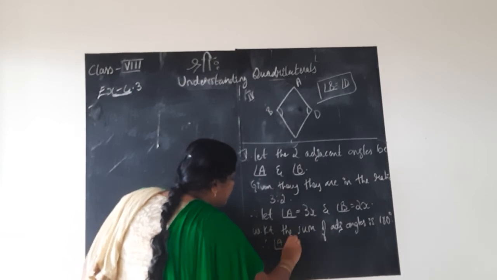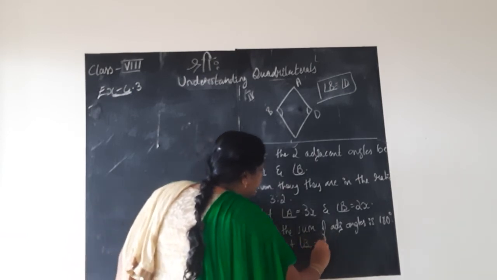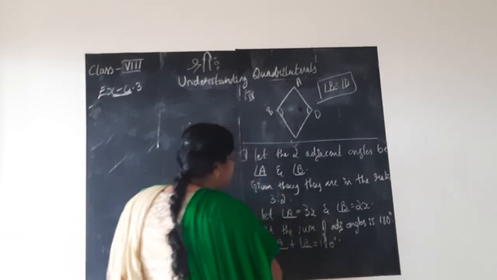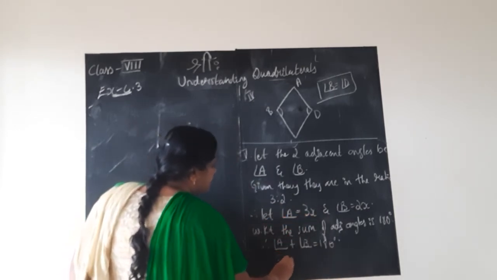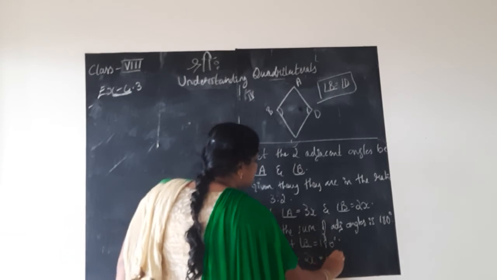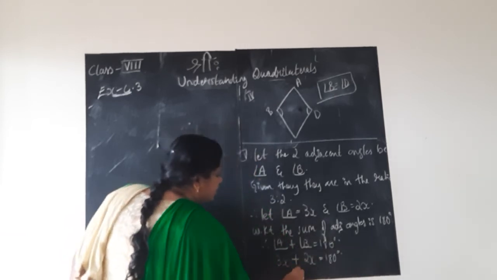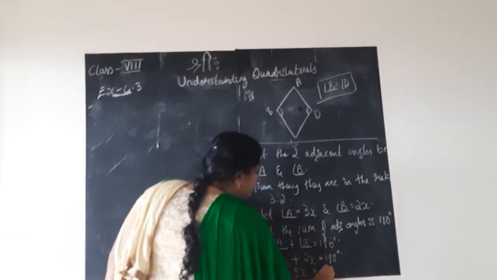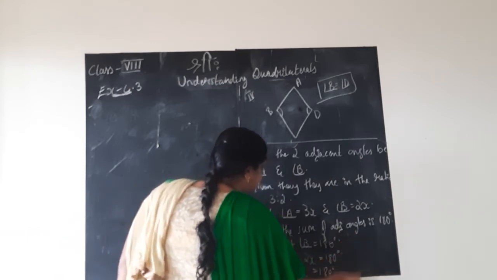Therefore, you can write angle A plus angle B is 180 degrees. What is angle A? 3x, plus angle B, which we have taken as 2x, is equal to 180 degrees. 3x plus 2x, that is 5x, is equal to 180 degrees.